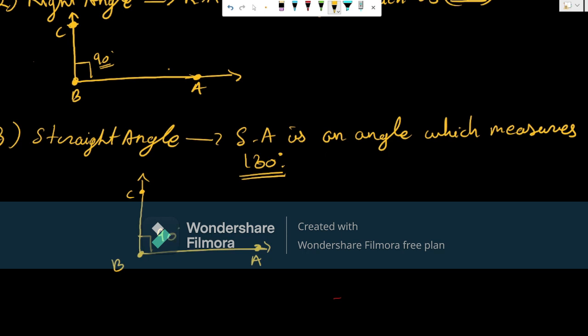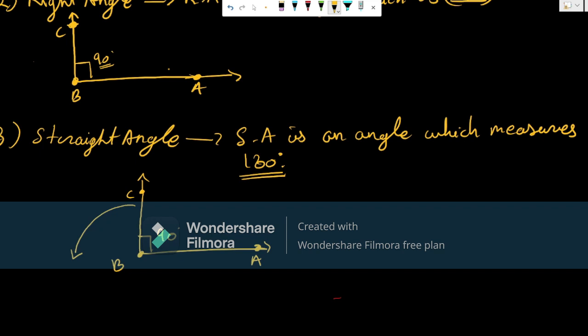Now, what if I simply make this line, this perpendicular line BC, just be straight. Okay, not 90 degree, but more than 90 degree. Now, if you see an angle which is more than 90 degree, it is called an obtuse angle, which you have already learned in your previous grades.